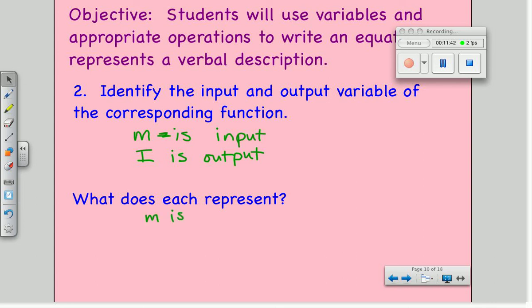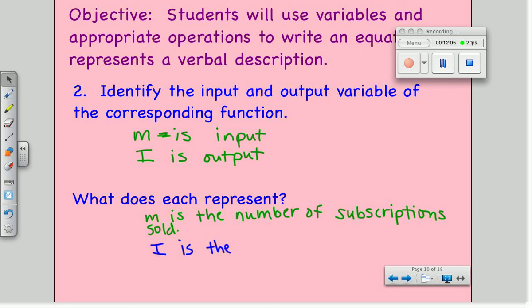M is the number of subscriptions sold. I is the total amount the school gets, because we get $3 for every subscription sold.